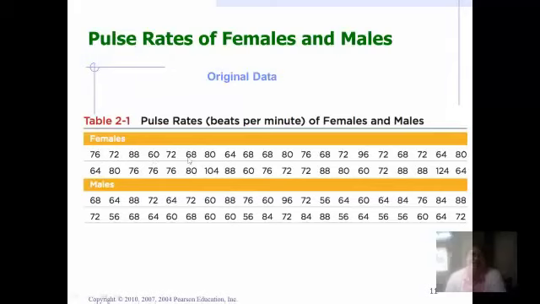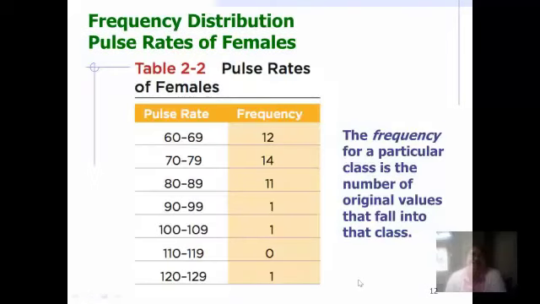So here's the data that we're going to use. We have the set of females and the set of males, and we're looking at their pulse rates in beats per minute. What we've done is we have divided the data into classes. I'm going to go back to the data in the previous slide.